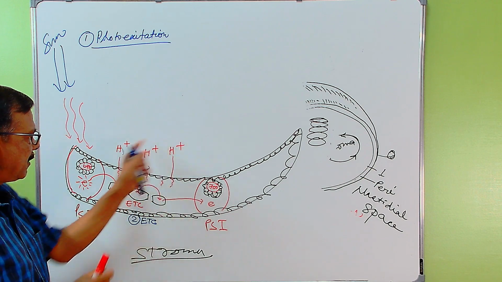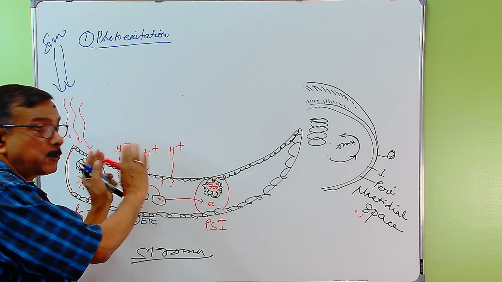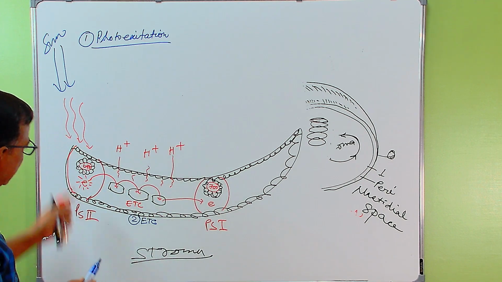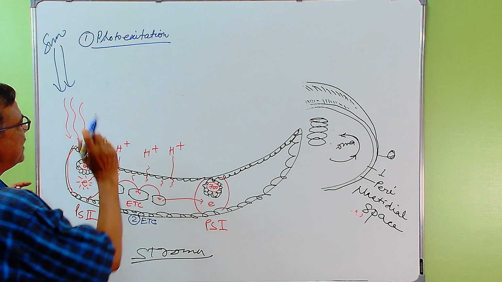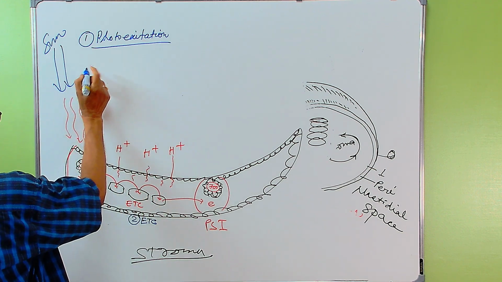So within the thylakoid, the proton gradient is increasing. At the same time, what happens? This is first, this is second. At the same time, what happens? Here I am writing.